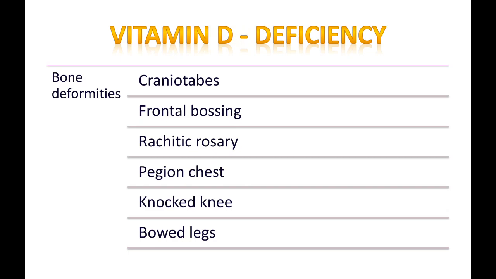So what are the bone deformities in rickets? That is craniotabes, meaning softening of cranial bones, deformities in skull bones, frontal bossing, rachitic rosary, pigeon chest, knock knees and bow legs.